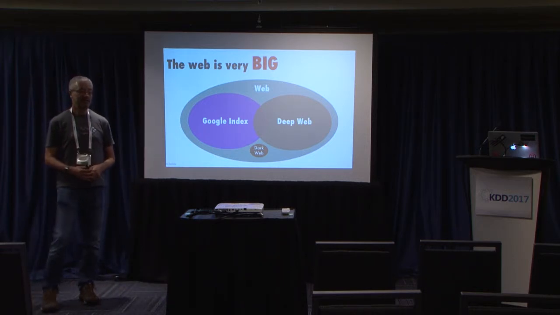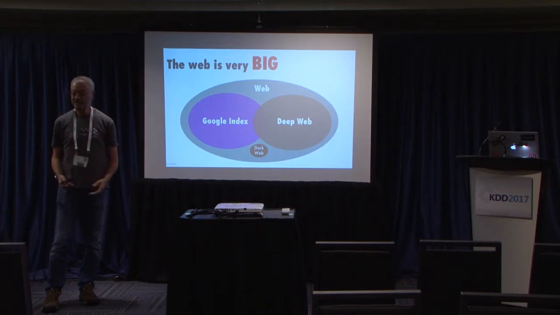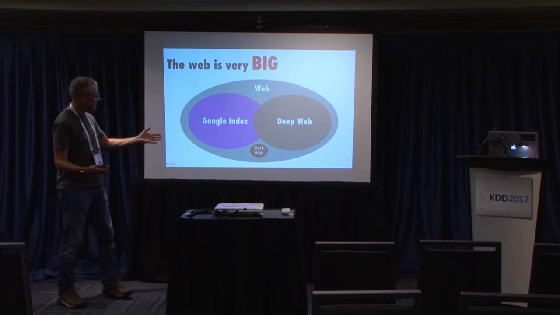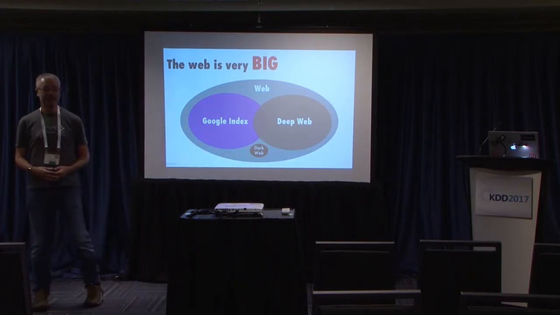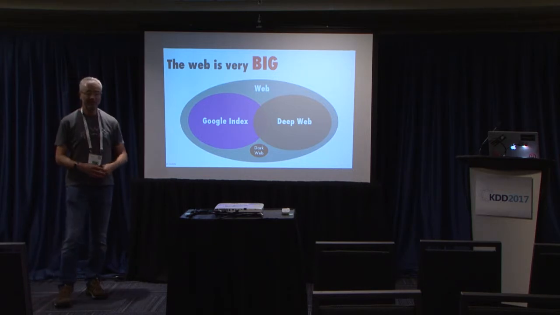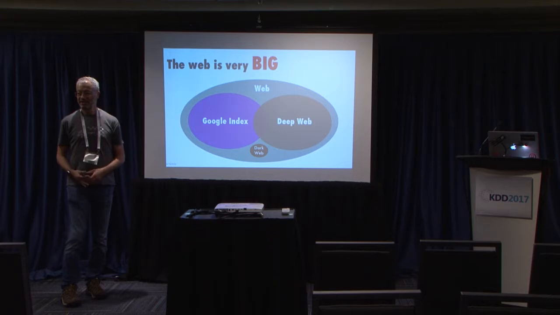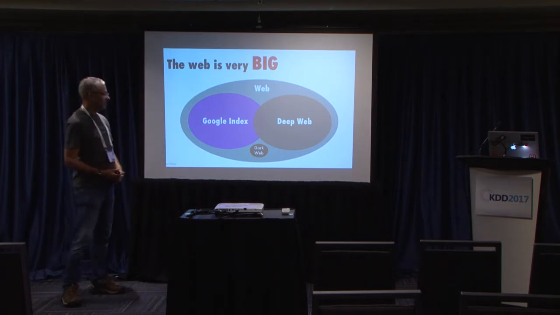And you have to have a special browser to be able to reach it, and it guarantees many levels of anonymity, so that I don't know where the web server is, and the web server doesn't know where I am if I'm a client.